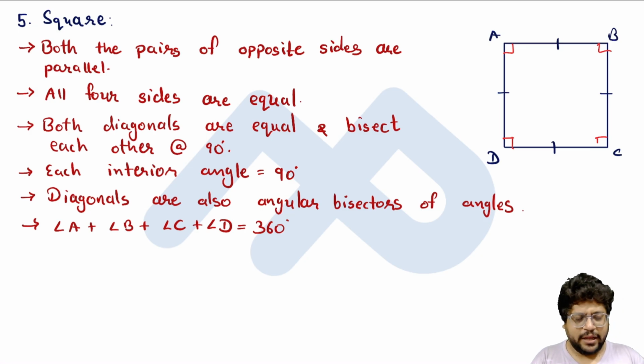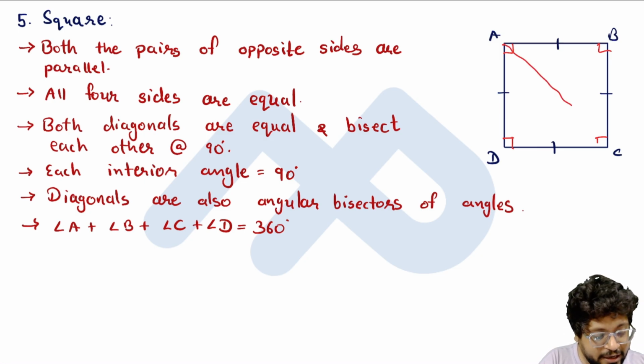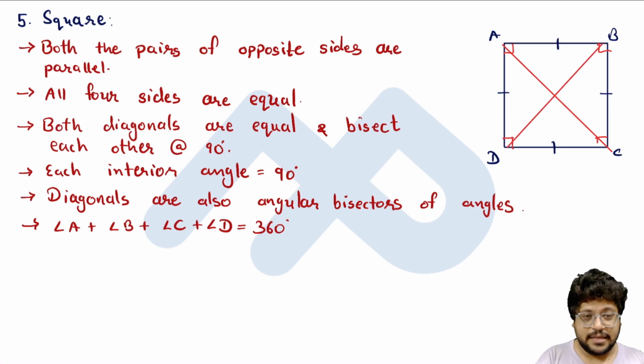Clear? In the rectangle we saw that all the interior angles are 90 degree, here also they are 90 degree. In rhombus we saw that all the sides are equal, here also all four sides are equal to each other. In rhombus we saw that the diagonals bisect each other at 90 degree, here also the diagonals bisect each other at 90 degree. And in rectangle we saw that diagonals are equal, so here also diagonals are equal.